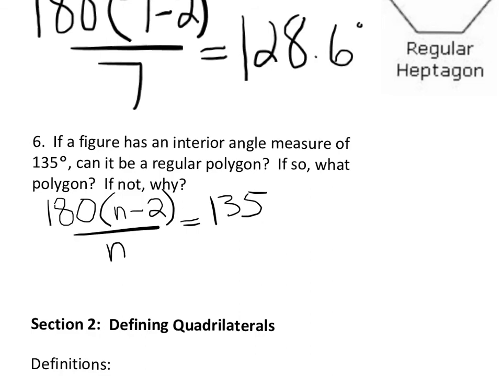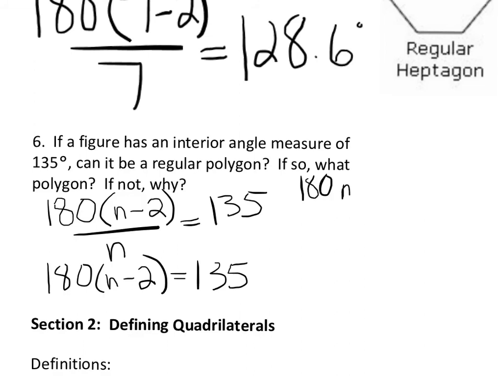If we solve for n, if we get a whole number, it must work out. So for this, I would multiply both sides times n to cancel out on the left side. Then I would distribute to have 180n minus 360, because that's 180 times 2, still equals 135n.